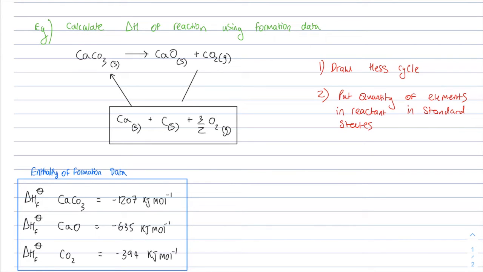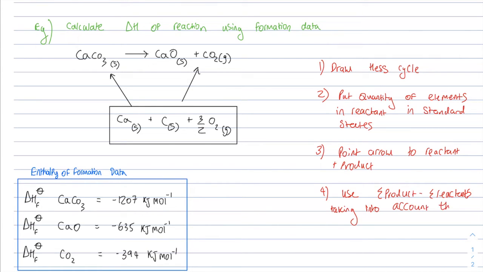So the arrows point towards the reactants and products. And last step is use sum of products minus sum of reactants, taking into account the stoichiometric ratio.